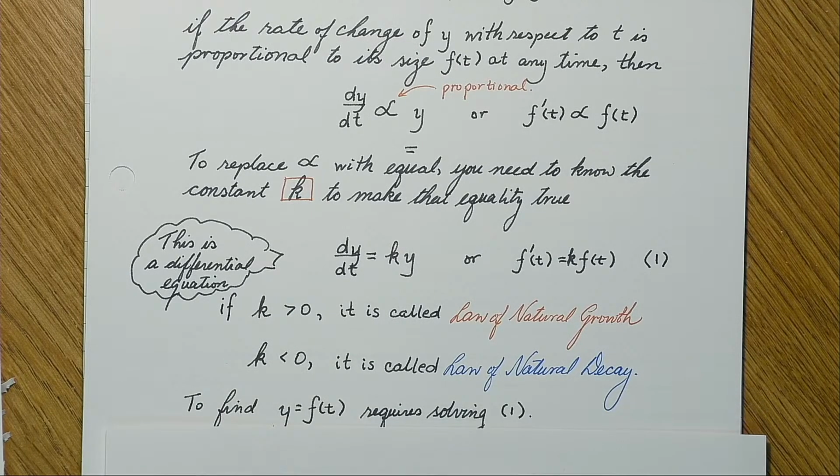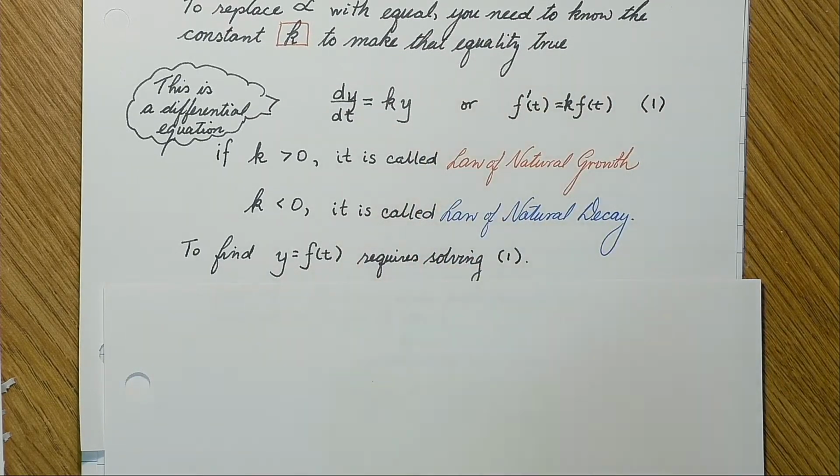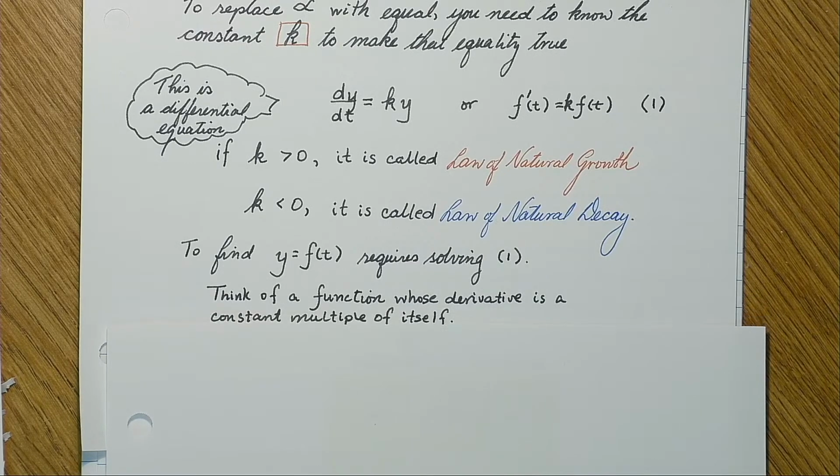Now, we're going to try to solve this. And, of course, to solve y equals f of t, it requires solving this. Can you think of a function whose derivative is a constant multiple of itself? I'll just give it some time.